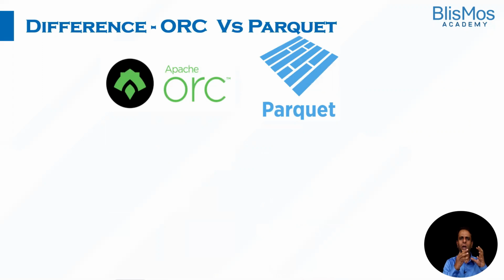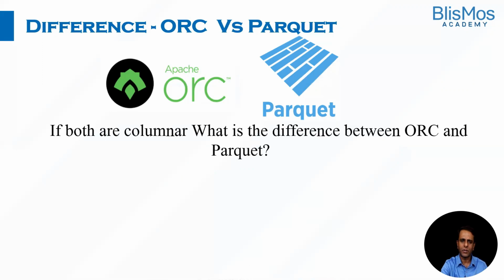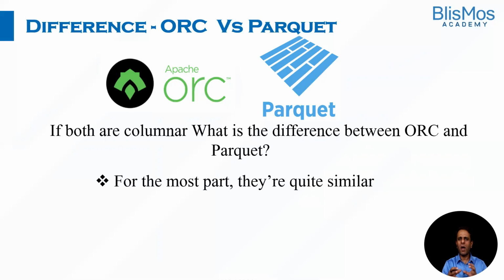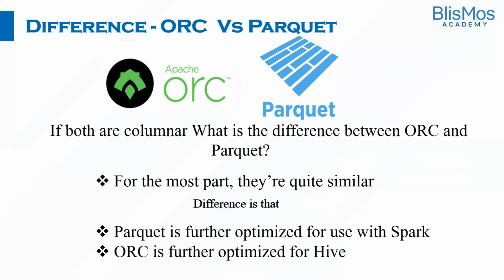If ORC is also a columnar format and Parquet is also a columnar format, then what is the difference? For most part, the files are pretty much the same, but the only difference is Parquet is optimized for Spark, ORC is optimized for Hive.